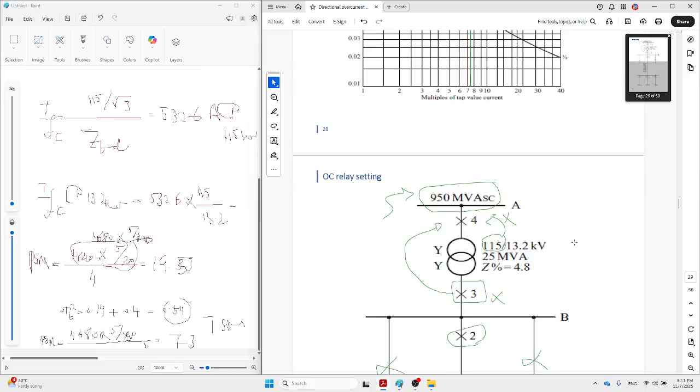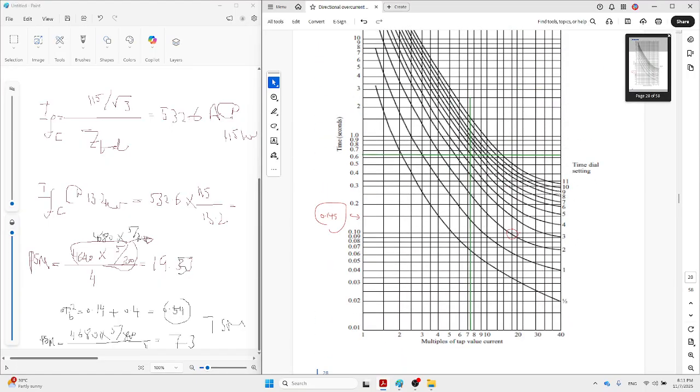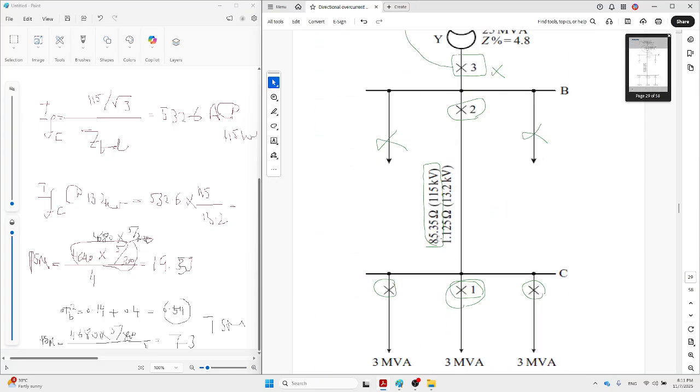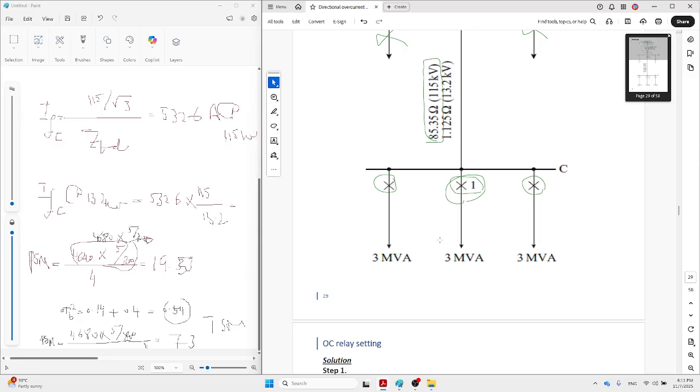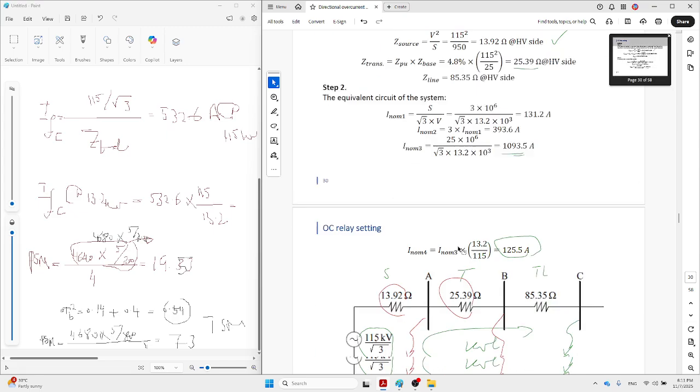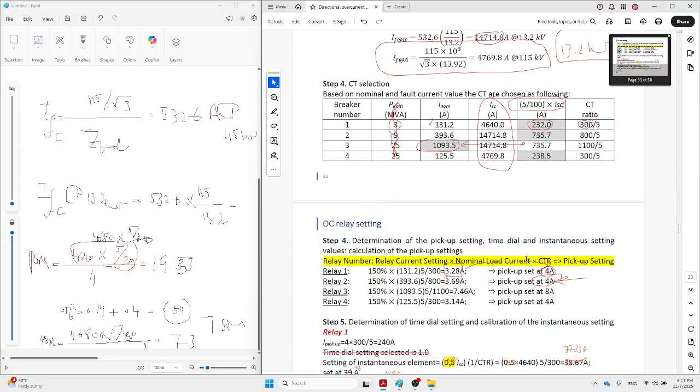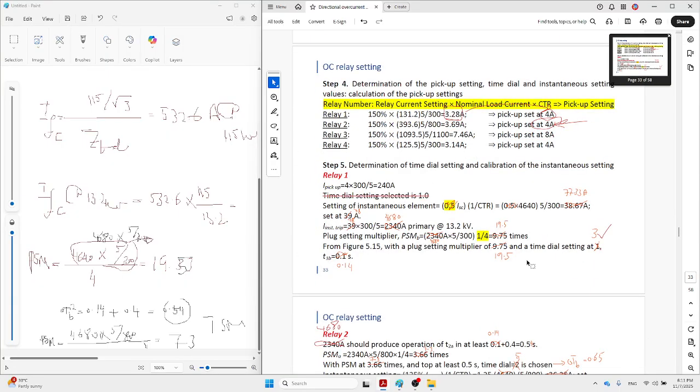Because this graph's TDS is given as discrete. So if you are very interested and very sensitive to the real value, you must choose number 4. And since the operating time does not exactly follow the discrimination time of 0.4, you have to upgrade it, the same as I did. Since it's a backup, it is not a major case.